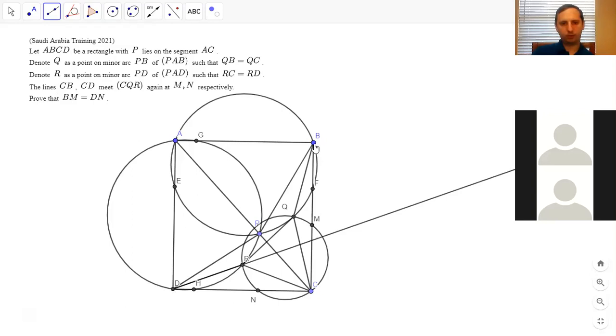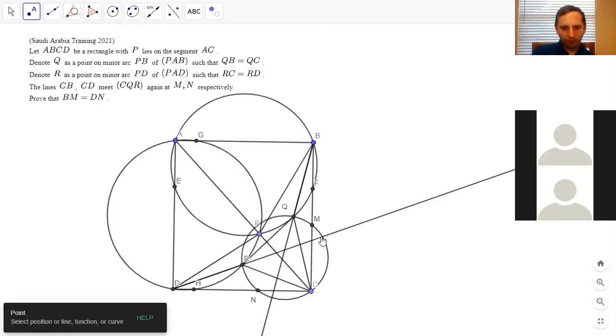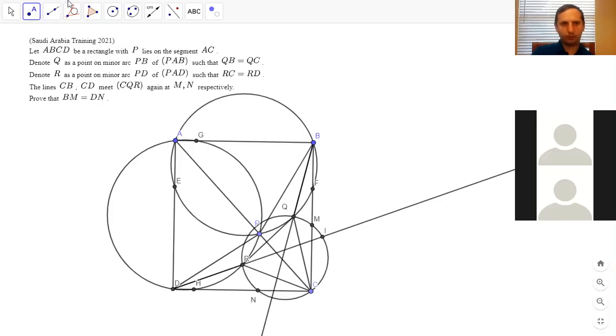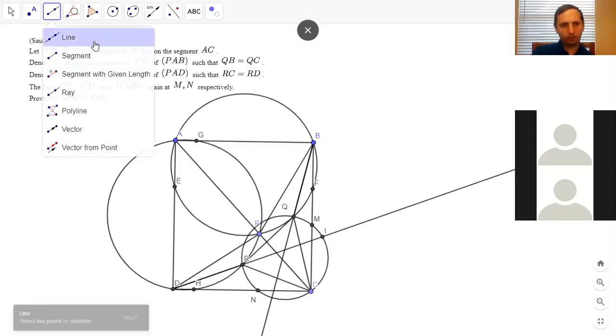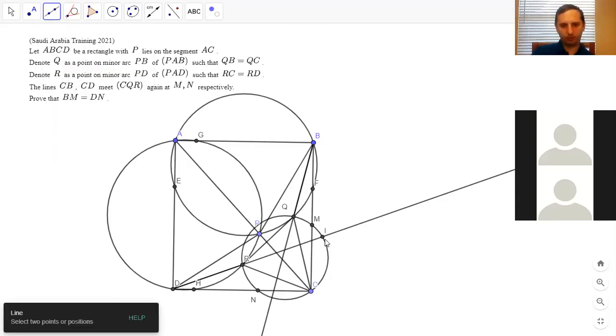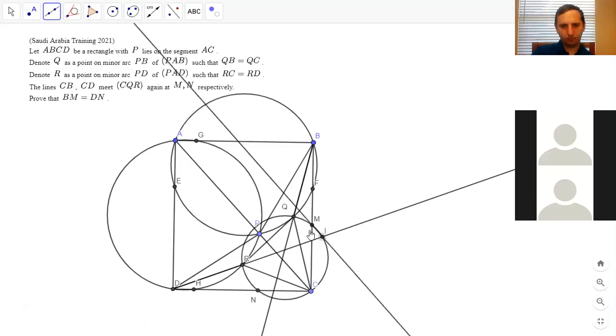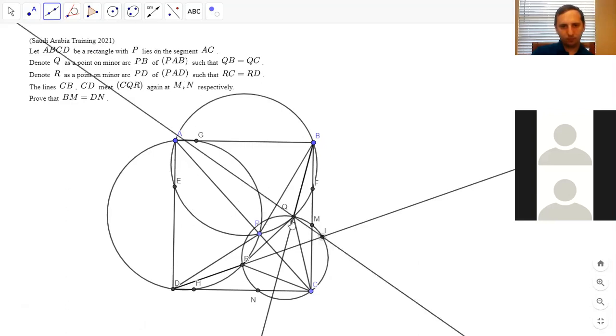I kind of like drawing these just because I want to use power of a point. So if I draw this point right here, is there anything special about that that would let me use power of a point? I'm not sure.